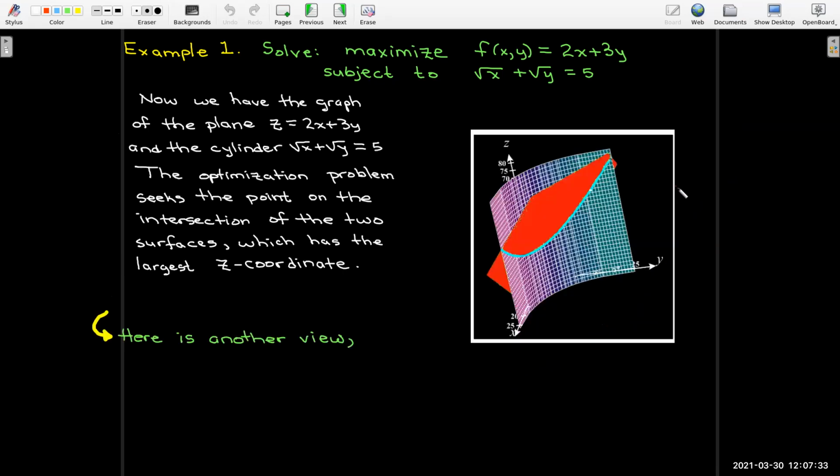All right, so let's take a look at another view. So here I've changed the scale on the z-axis to make it a little bit more tractable. The solid red is actually the plane, and the graph of intersection is this U-shaped, almost parabola-shaped curve right there.